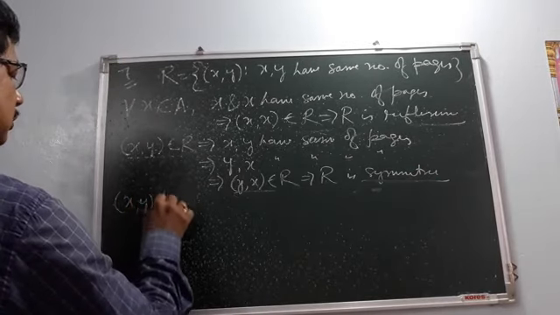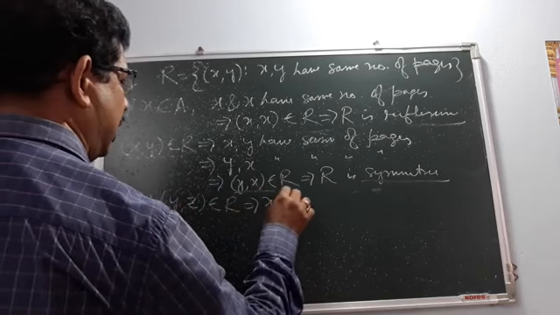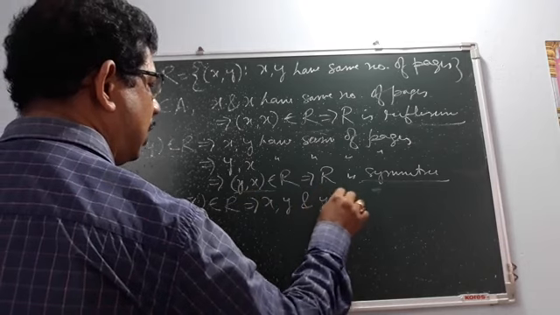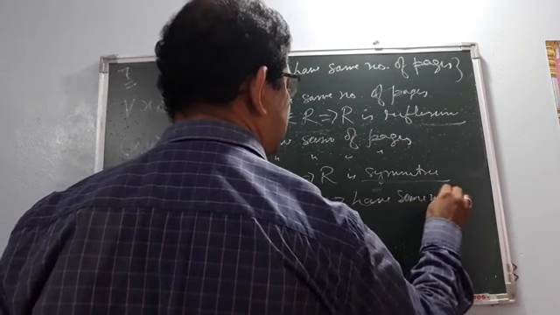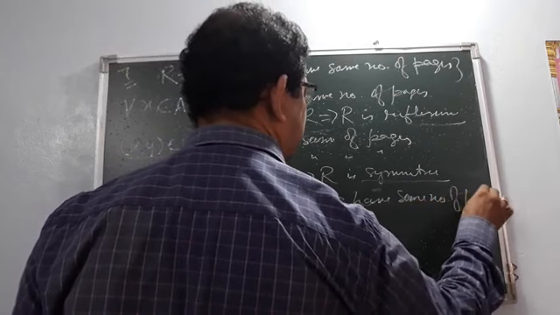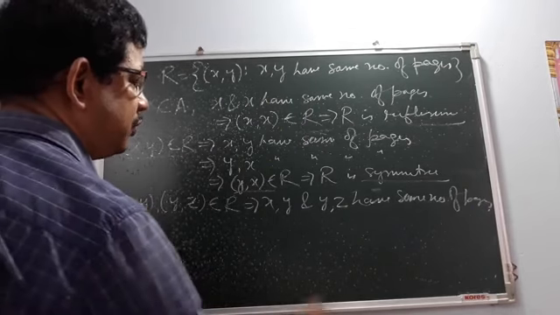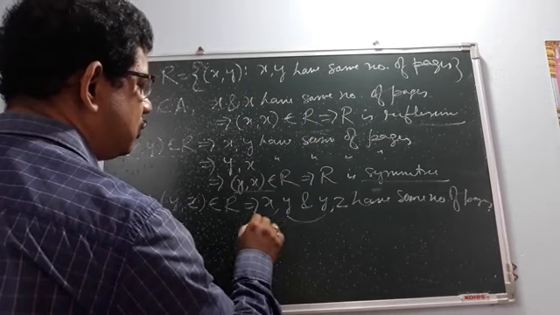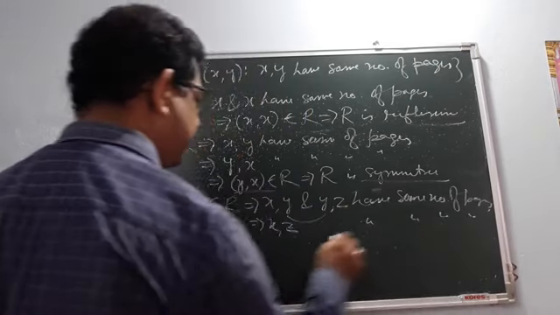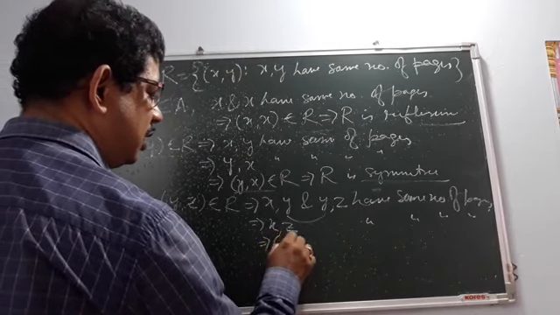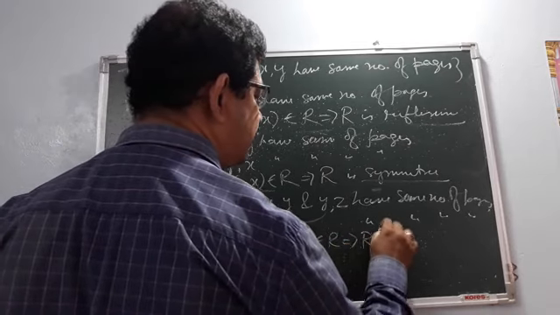(x, y) and (y, z) belong to R implies x and y, and y and z, have the same number of pages. Of course, x, y and z have the same number of pages. As y is common, x and z both have the same number of pages, implies (x, z) belongs to R, implies R is transitive.